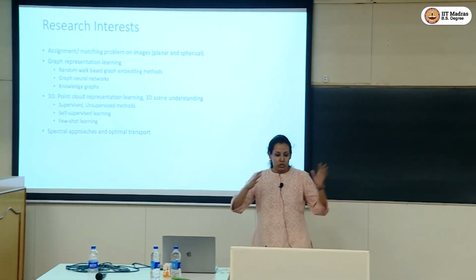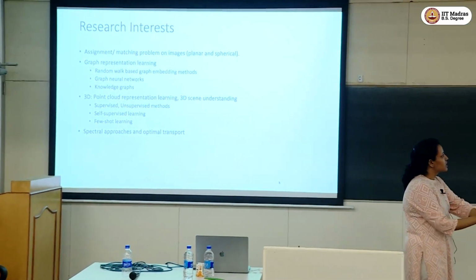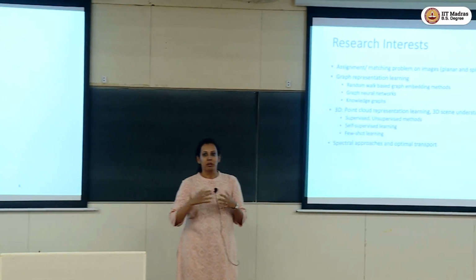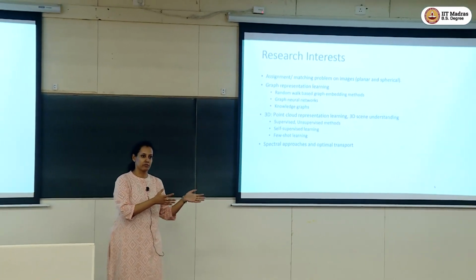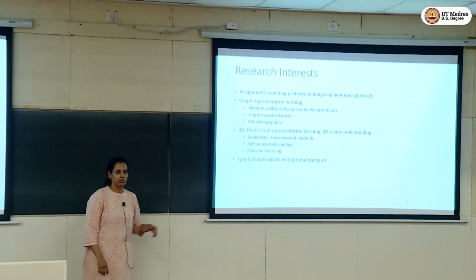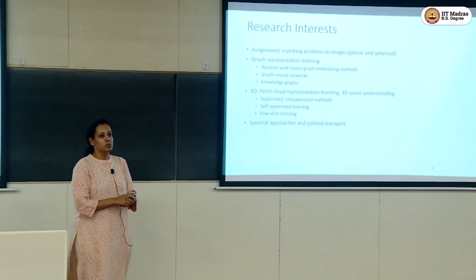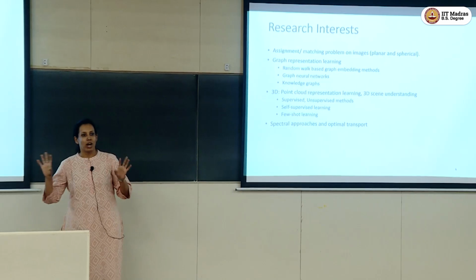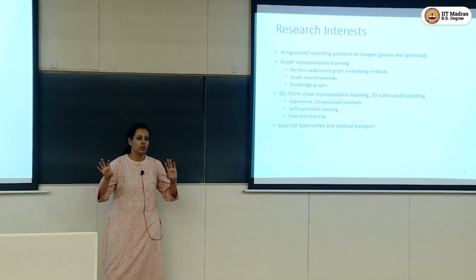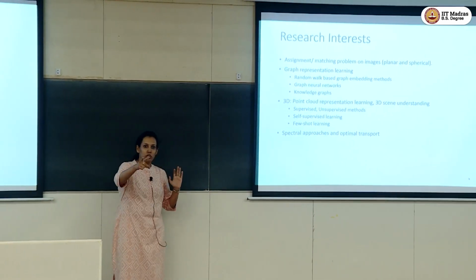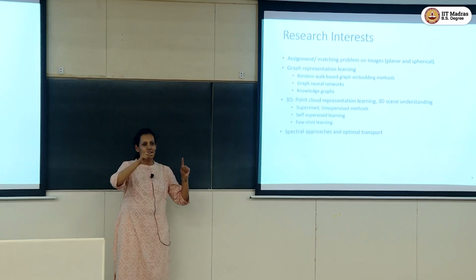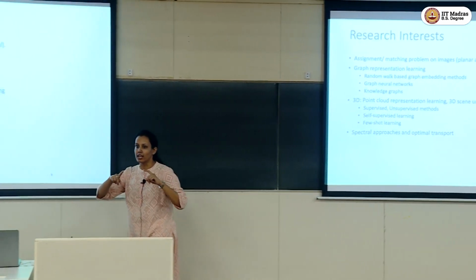Okay. So these are the research interests, and these are the topics that I have worked on, in my PhD, and in the last 3 years, since I joined IIT 3 years back. I have worked on the assignment matching problem on images where you have landmark points on both sides of the images. Let's say I take a picture of the scene from one angle and from another angle, right?